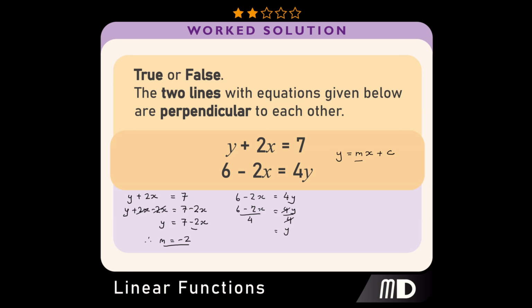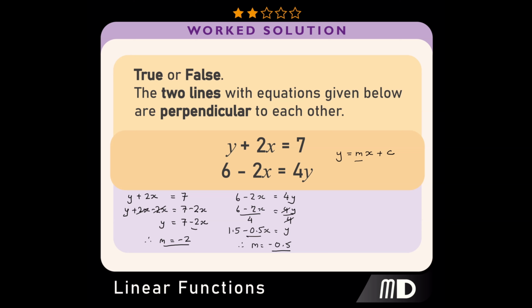And on the left-hand side, we are going to break this up so that we've got 6 over 4, which is 1.5, minus 2 over 4, which is 0.5. So we've got 1.5 minus 0.5x. Now again, the coefficient of our x term is the gradient, so that gives us a value of m equal to minus 0.5.